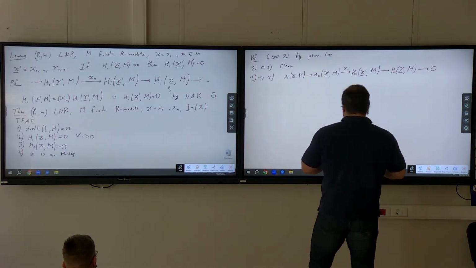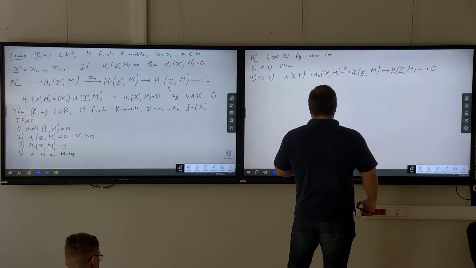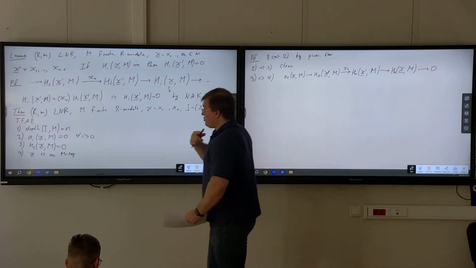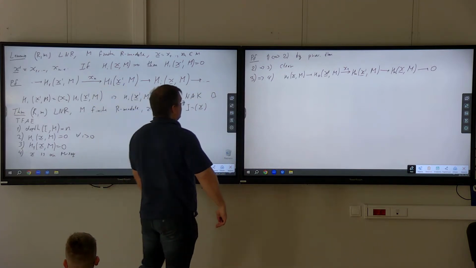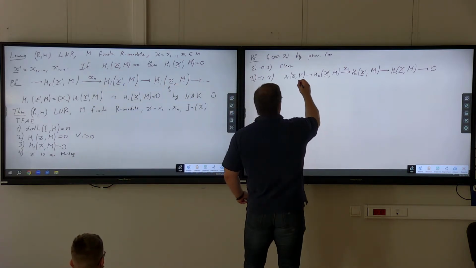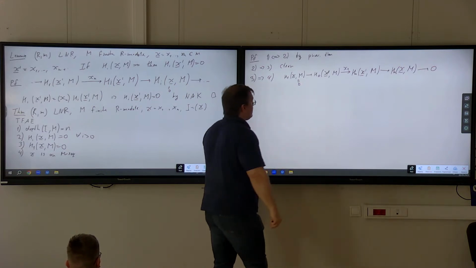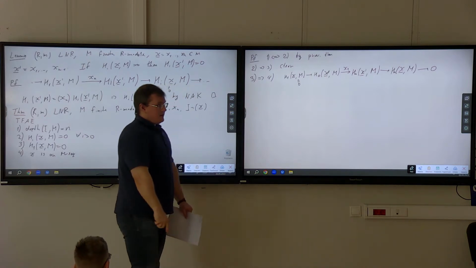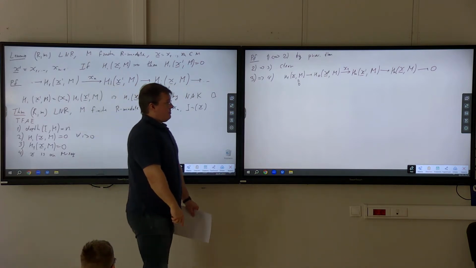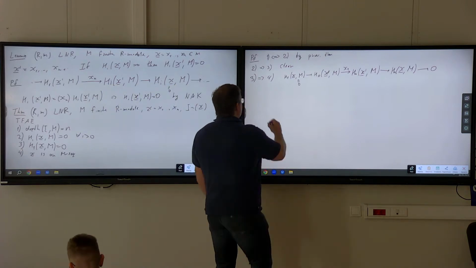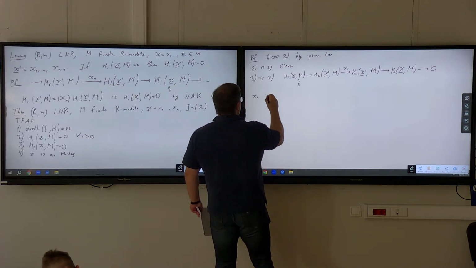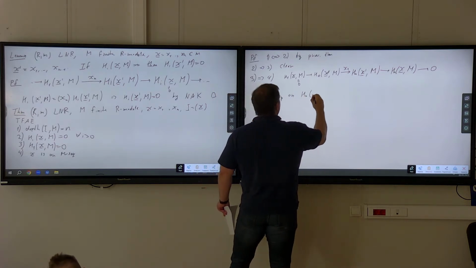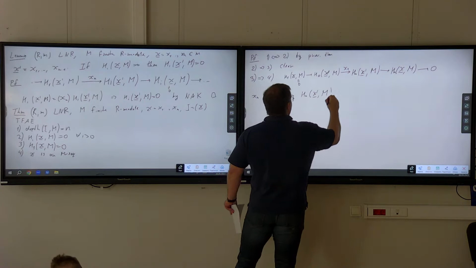Okay. So what we have, the assumption is that h1 xm is 0, right? So this is 0. But if this is 0, it means that multiplication by xn is a monomorphism, or in other words, xn is regular on the h0 x prime m.